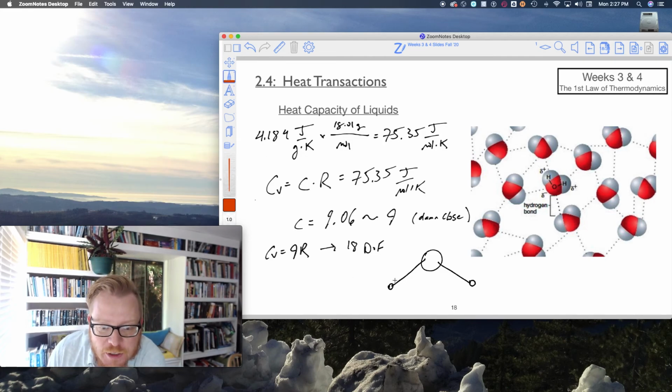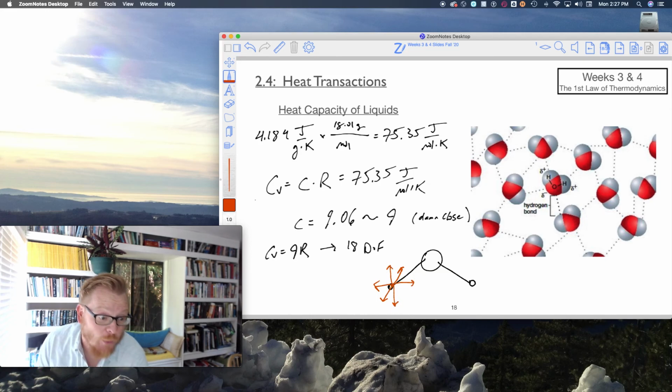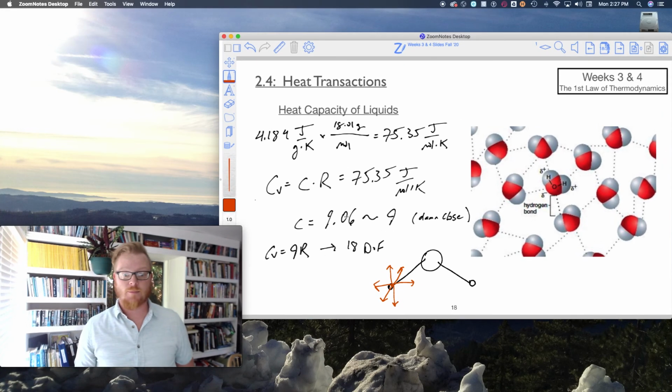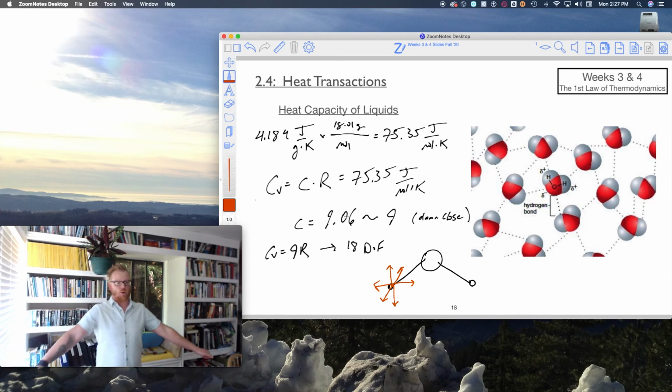So we know that this hydrogen can move forward, backward, left, right, up, or down. Imagine my torso is the oxygen and each of my hands are the hydrogens. We know water can vibrate like this symmetrically.